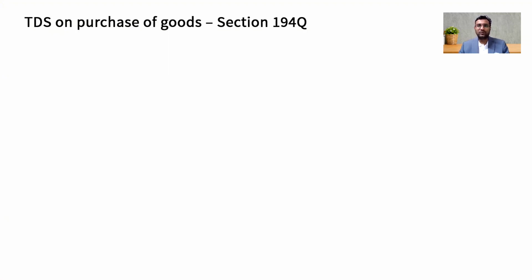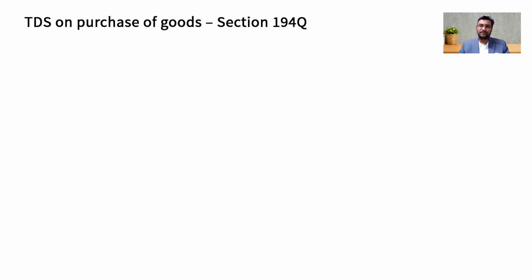Till date, we know that TDS was always deducted on services. Generally, what we have seen, 192 or any other section of 194, is about some kind of services or some kind of output generated, but it was not specifically on goods.